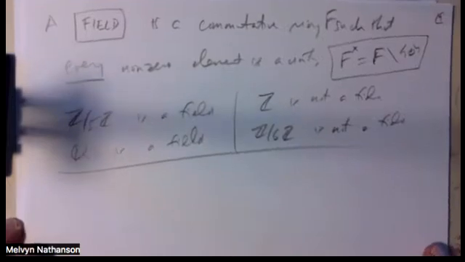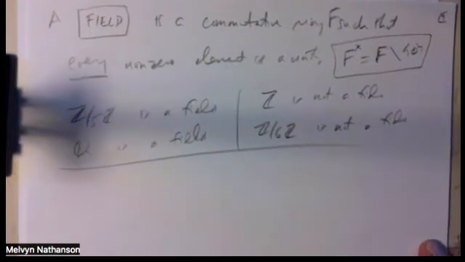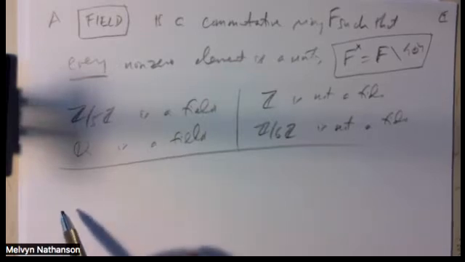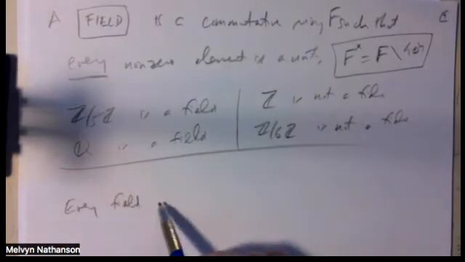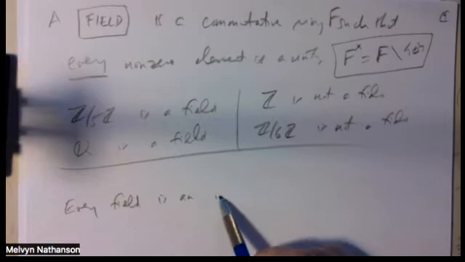Right? So a field is a commutative ring where every non-zero element is invertible, has an inverse, is a unit. And I can make the following observation. Every field is an integral domain.